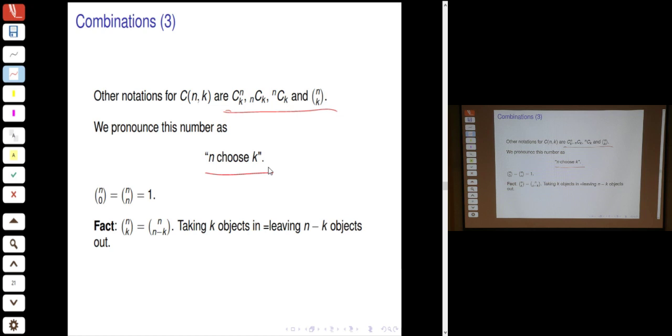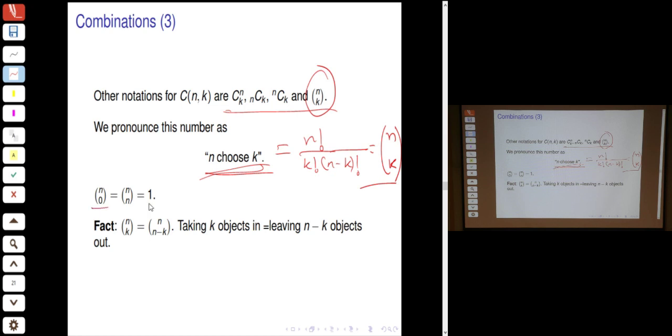So, from now on we will call n factorial over k factorial times n minus k factorial, n choose k. And generally this particular notation is usually a very popular one, at least in math.